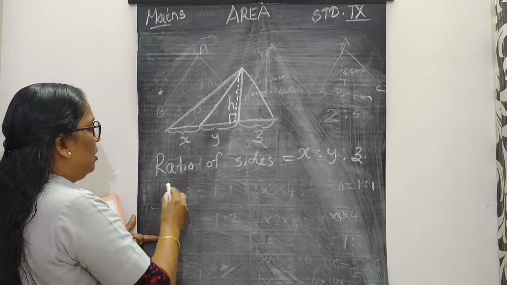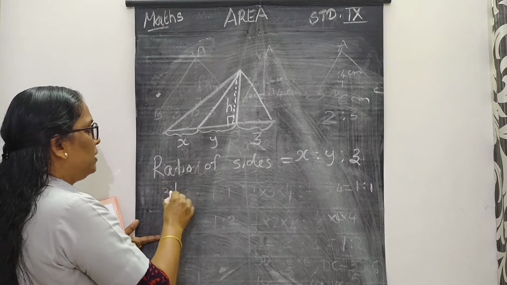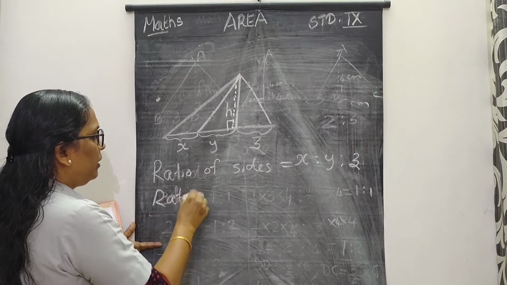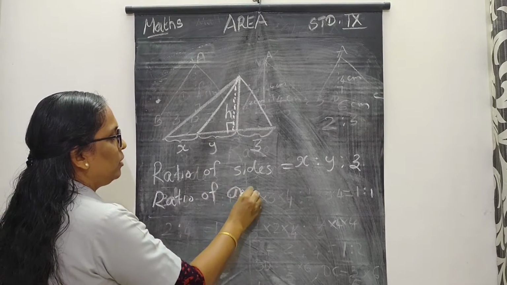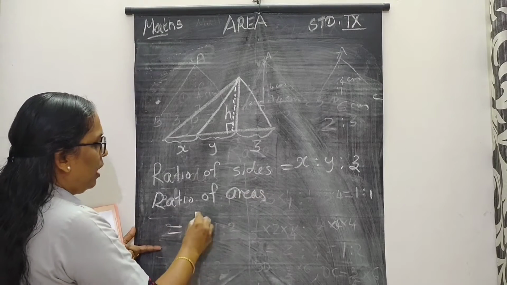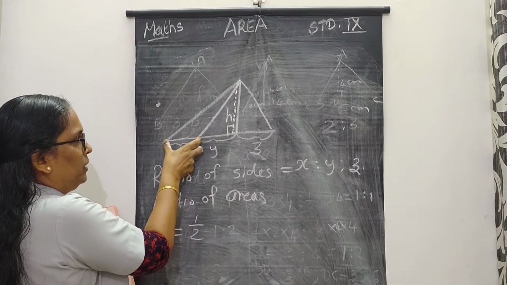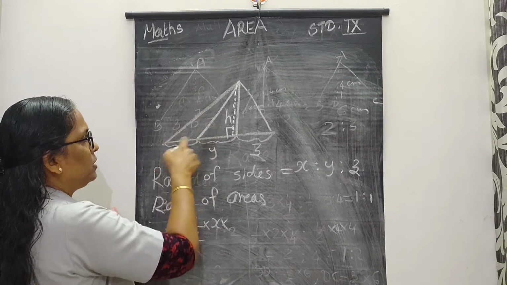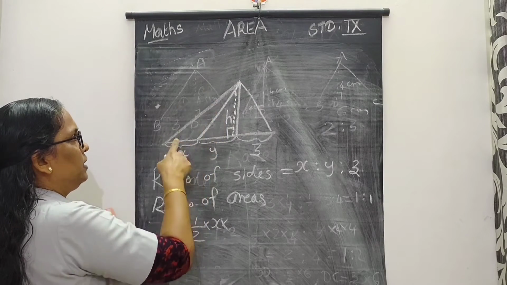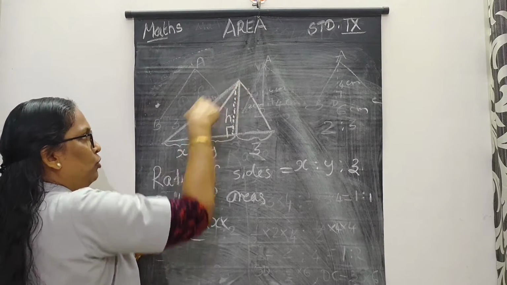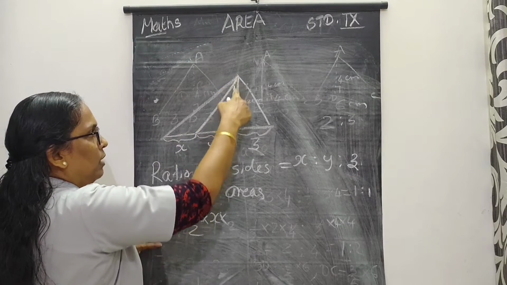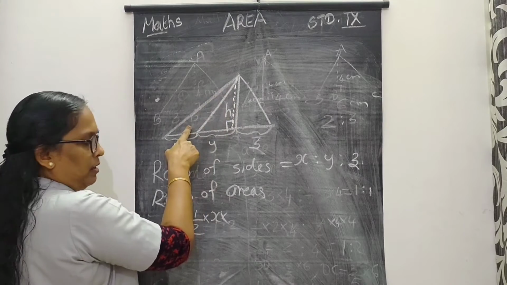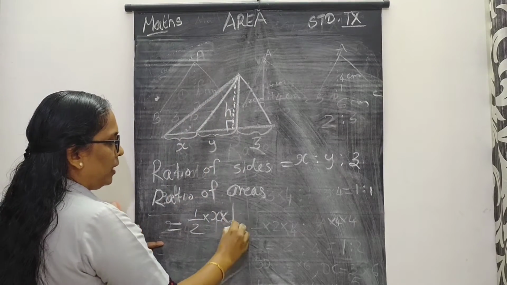Its area equals half into base into height. Ratio of areas equals half into base. The first triangle's base is x, so half into x into height. The height of this triangle means the perpendicular distance from the vertex to this base. So the height h is the same here also. So area equals half into x into h.